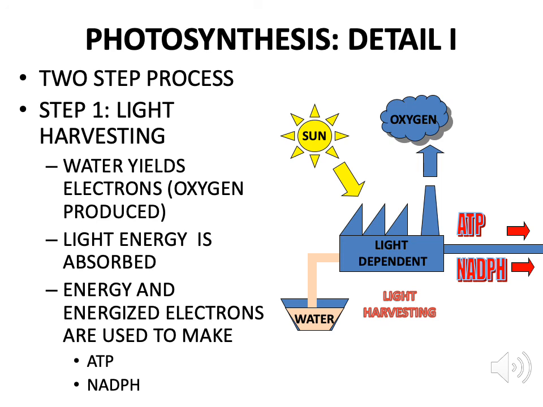We're going to take those two energy-rich compounds and send them to factory number two, which is called the light-independent reaction. So, summary: absorbing light energy, energizing electrons, cranking out oxygen, cranking out energy-rich compounds to send to the second step of photosynthesis.